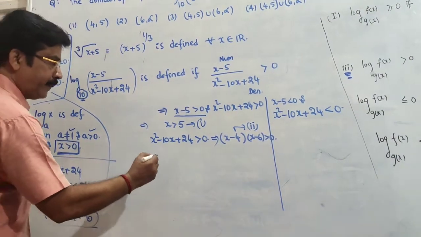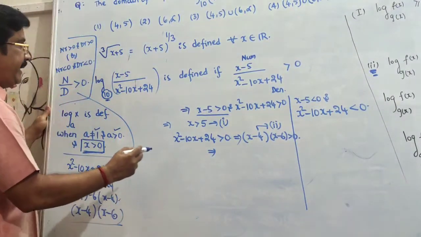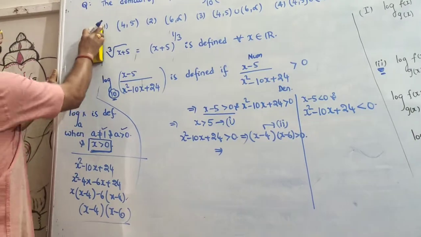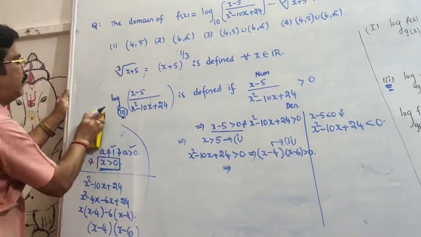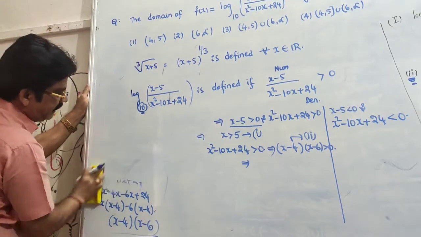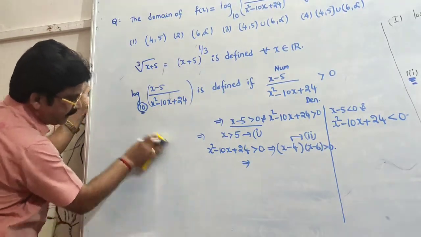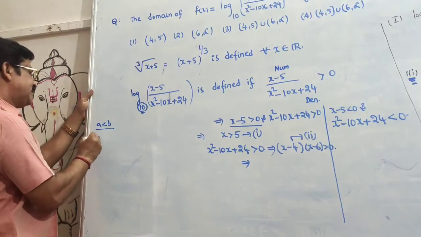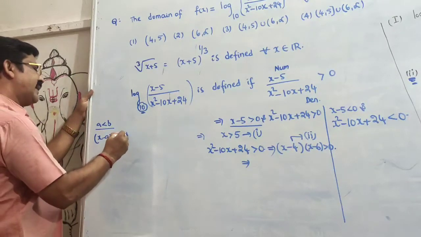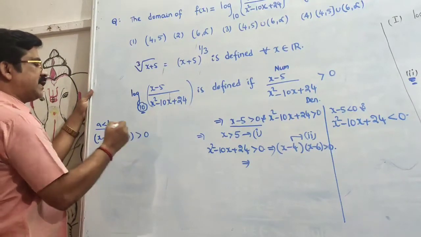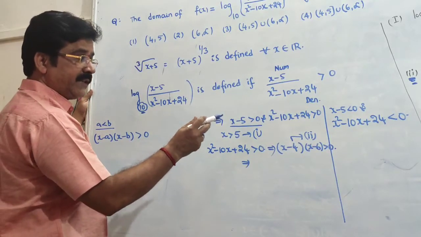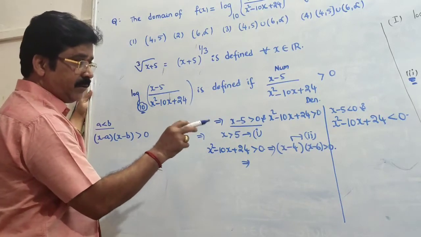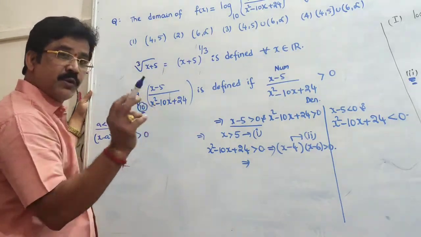Already I said one basic formula related to intervals when we have the product of two factors. When a is less than b, (x minus a) into (x minus b) greater than 0, less than 0, less than or equal to 0, greater than or equal to 0, each has its formula.